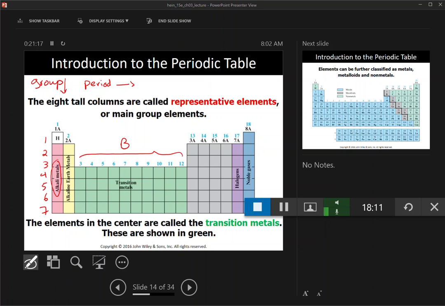All the elements in group 2A, we call them alkaline earth metals. Now, the middle section in the periodic table, those are transition metals. And then if you move across the periodic table, group 8A are called noble gases, or we call them inert gases too.